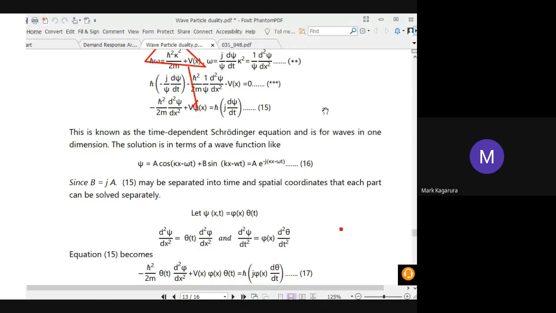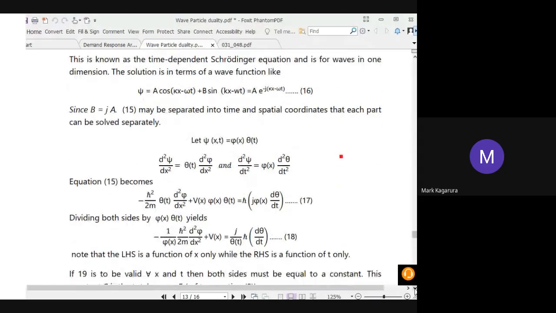But you guys have learned about separation of variables. So you remember you had your wave function as phi is equal to this, right? Now, what you do is, can I just print screen this?